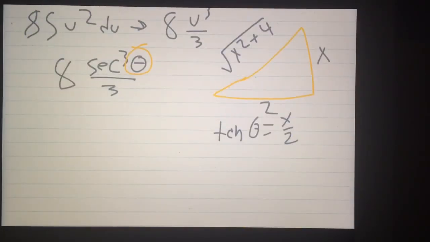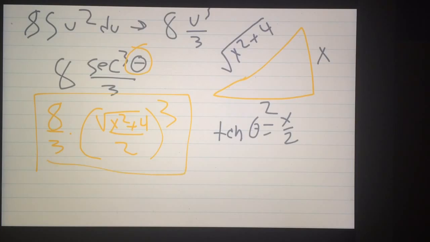Substitute this in. 8 thirds times secant cubed. Well, secant is just hypotenuse over adjacent. And so we get this big parentheses, the square root of x squared plus 4 over 2, cubed. Boom. That's our answer. Sure, you could simplify it more.